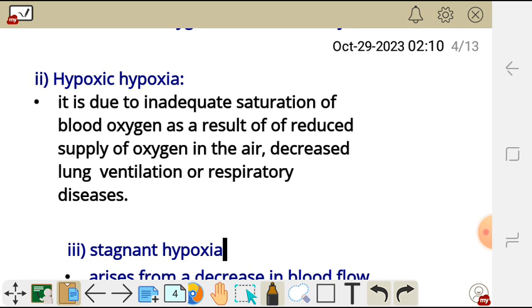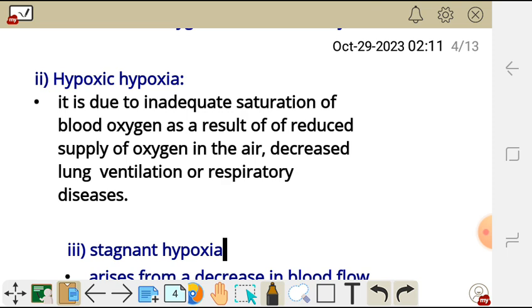This is observed in high altitudes where oxygen levels are very low, and that can cause hypoxic hypoxia, or decrease in lung ventilation. Ventilation of the lungs is decreased, that is hypoxic hypoxia. Or respiratory diseases such as asthma can also cause hypoxic hypoxia.